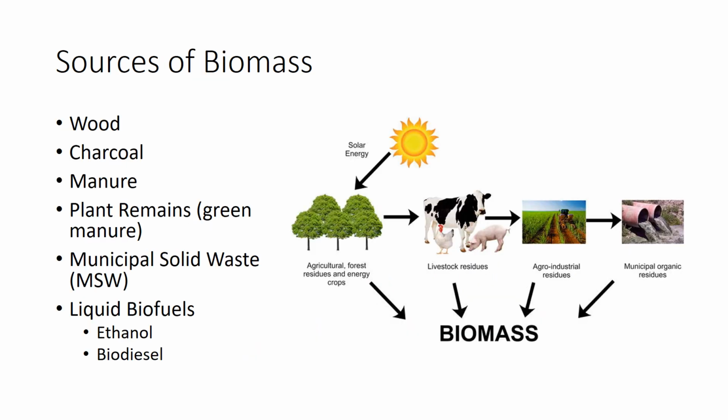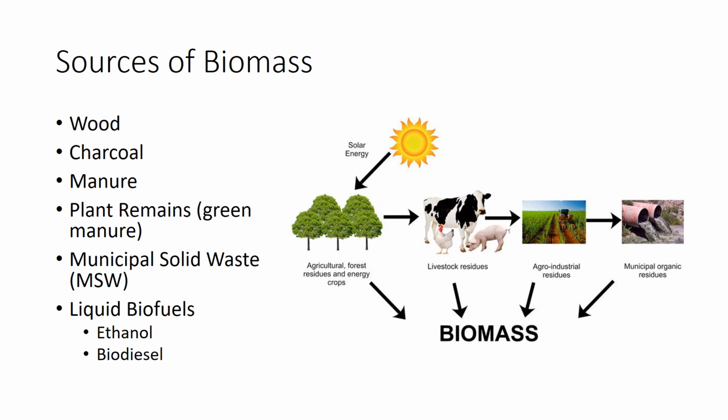So biomass is really anything that originally comes from the sun, right, through photosynthesis. So it could be wood, charcoal, manure, right? The manure is coming from the sun by way of consumers that eat producers, right?